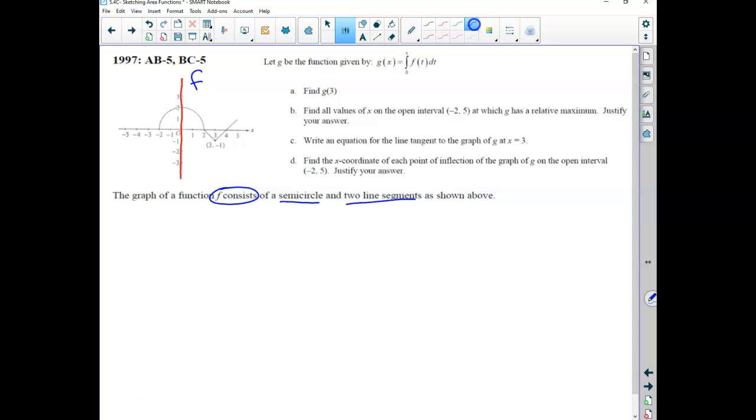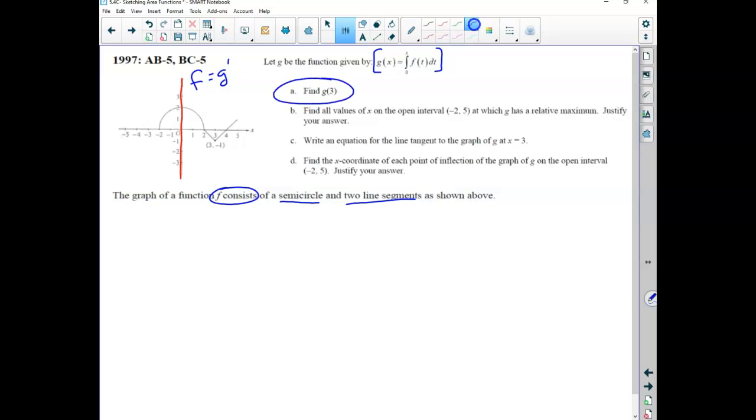Well, g of x equals the integral of 0 to x of f of t dt. So g is the antiderivative of f, therefore f equals g prime. Okay? F equals g prime. That is the kicker to all of this.